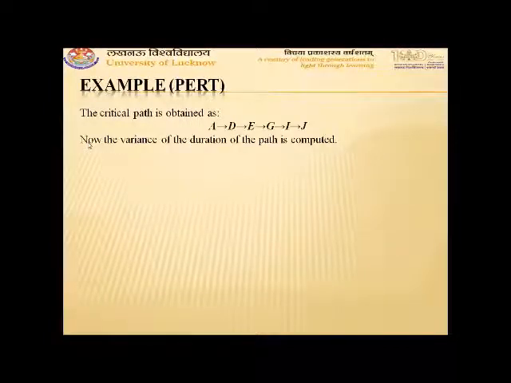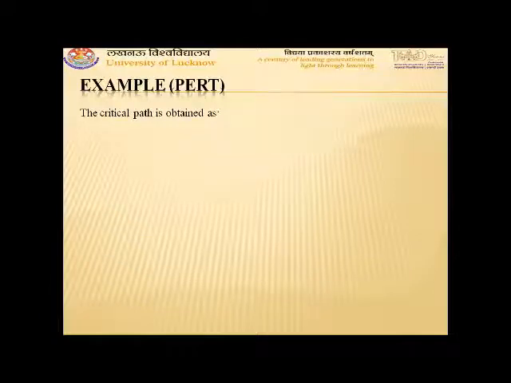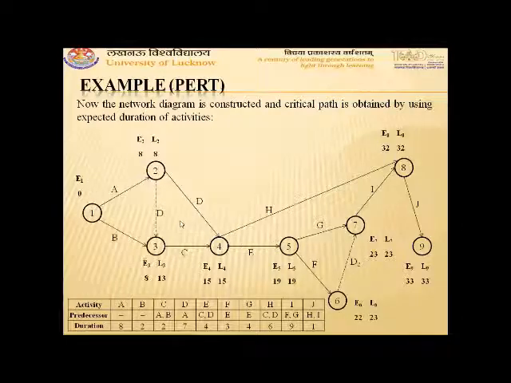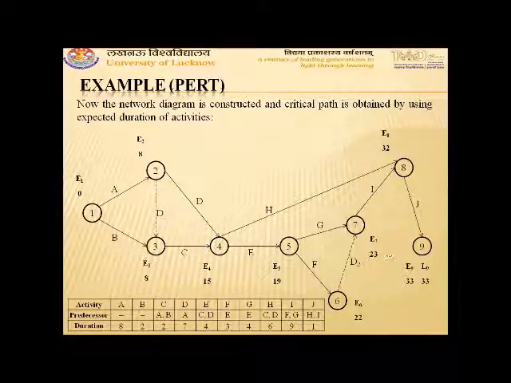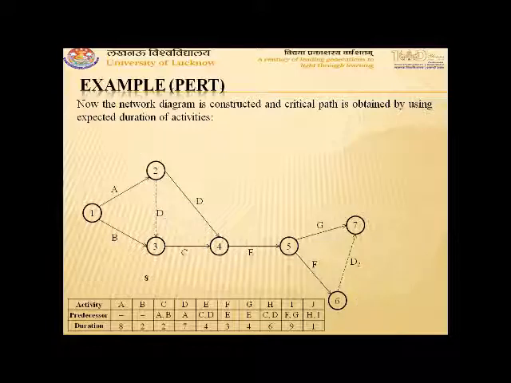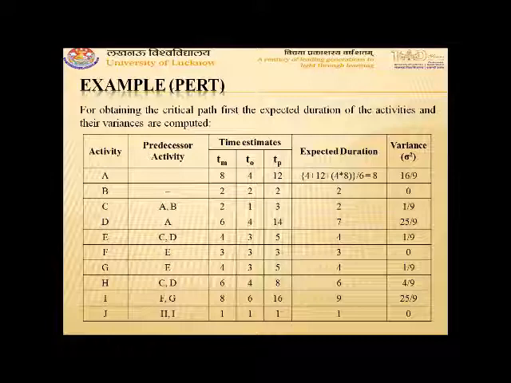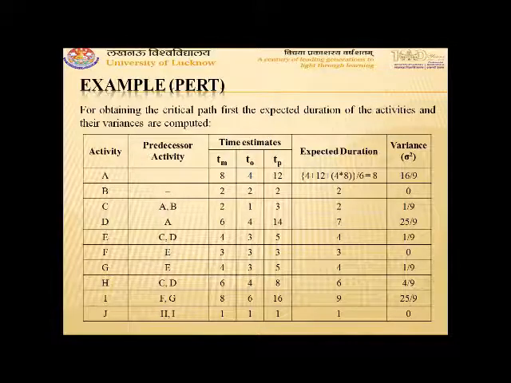Now the variance of the duration is computed. The variance of the duration can be obtained with the help of the table. Here you can see for activity A, the variance is 16 by 9. The variance of activity D is 25 by 9. The variances for the activities which are on the critical path are summed.